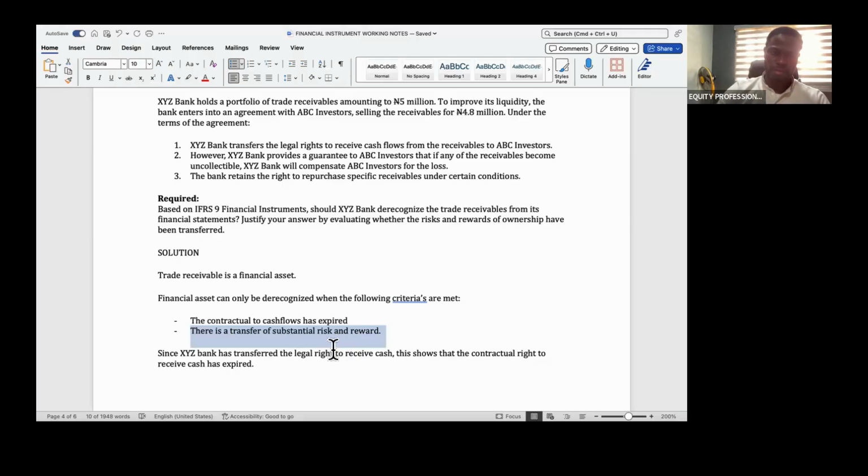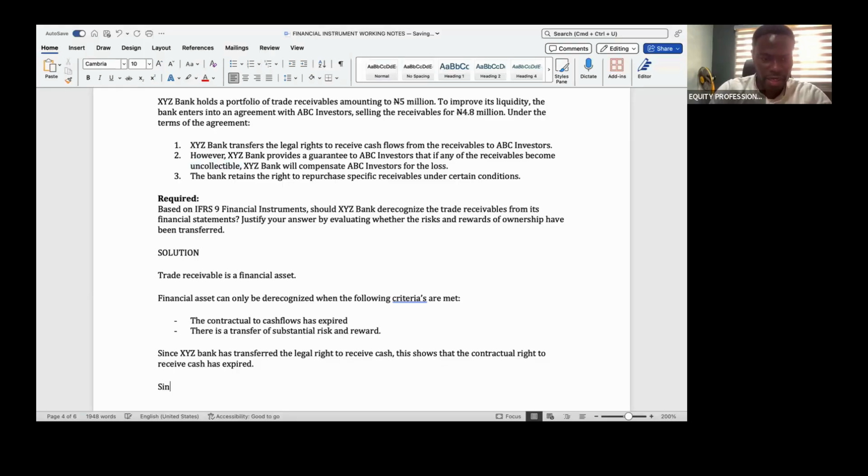In this case, have we transferred risk and reward? Let's see. We were told that XYZ Bank provides a guarantee to ABC investors that if any of the receivables become uncollectible, XYZ Bank will compensate ABC investors for the loss.